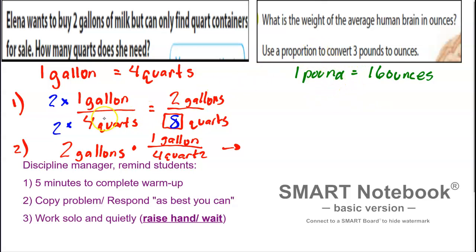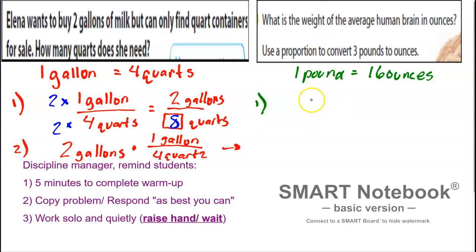By the way, look for the vocabulary: we have proportion, unit rate, and now this term, conversion factor. Let's do method 1 first. Let's set up a proportion.